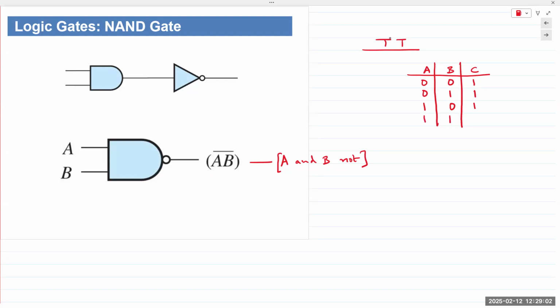How about 1 and 1? All right. So for a NAND gate, the output is always high, except when all the inputs are high. In other words, the output goes low only when all inputs go high. Okay, that's the NAND gate.